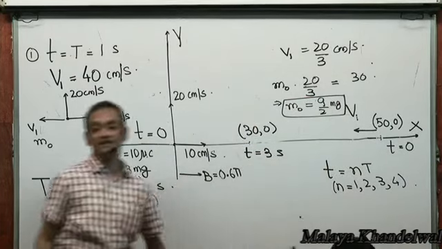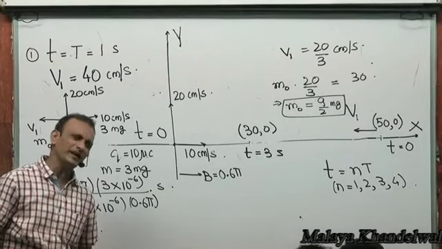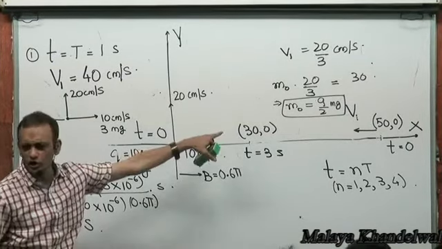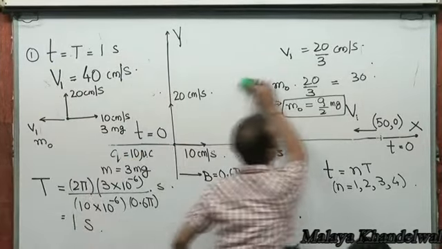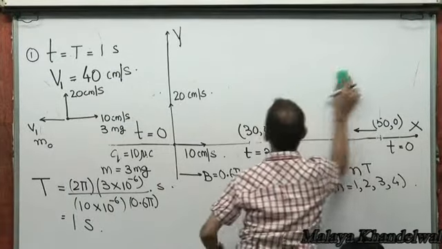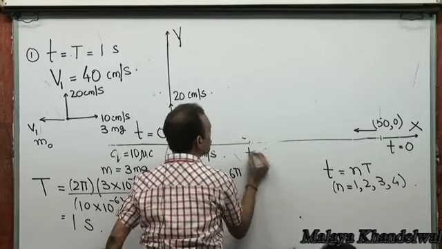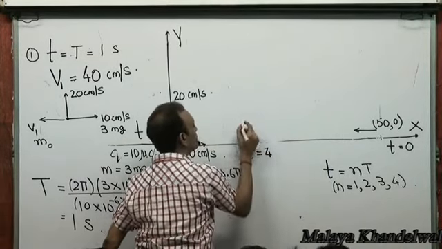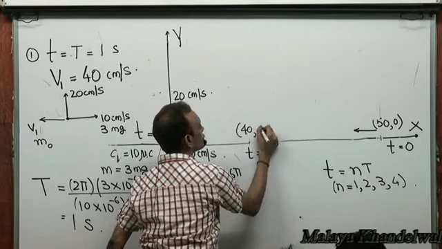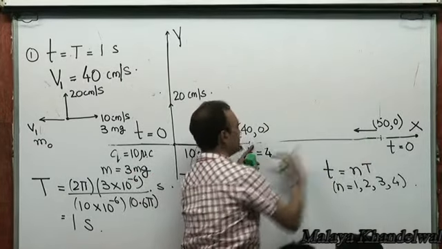That's another possibility. Same way you can look at t equal to 4. So is this also an option? Yes. Right. Same way, repetitive, but only a formality to take care of the last one. At t equal to 4 seconds, this would have been 40, 0. This would have traveled 10 centimeters in 4 seconds.